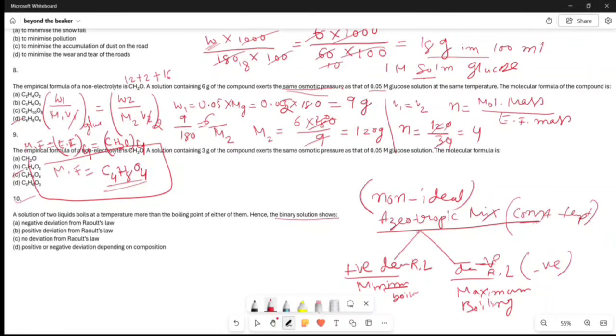Maximum boiling azeotropes are formed from the two solutions showing negative deviation. Negative deviation forms maximum boiling and positive deviation forms minimum boiling. So here it is maximum boiling azeotropes, which means they form negative deviation. The answer is A.